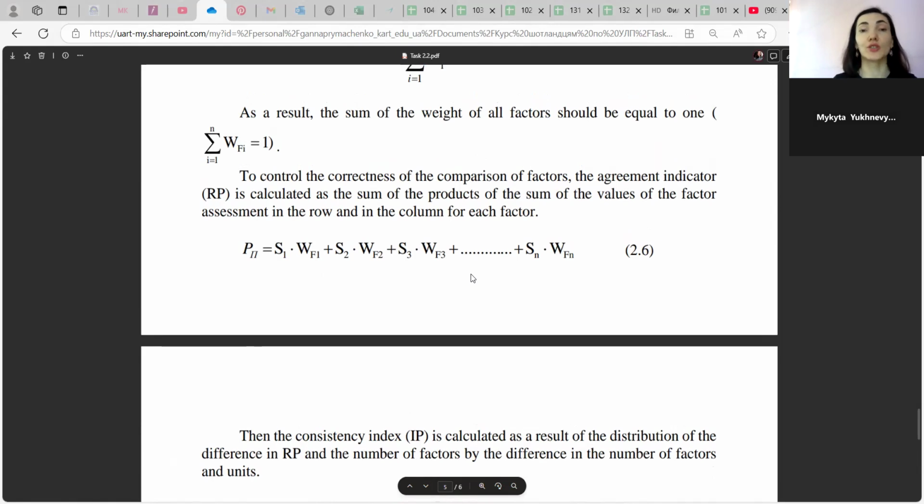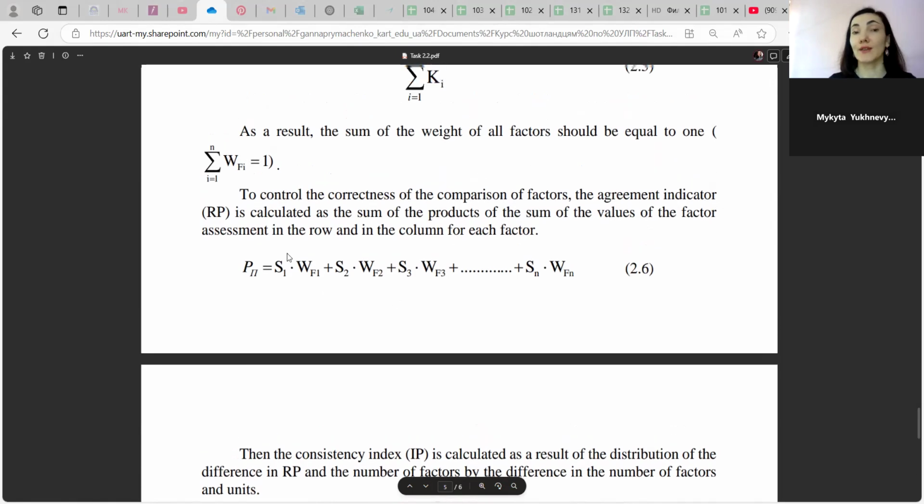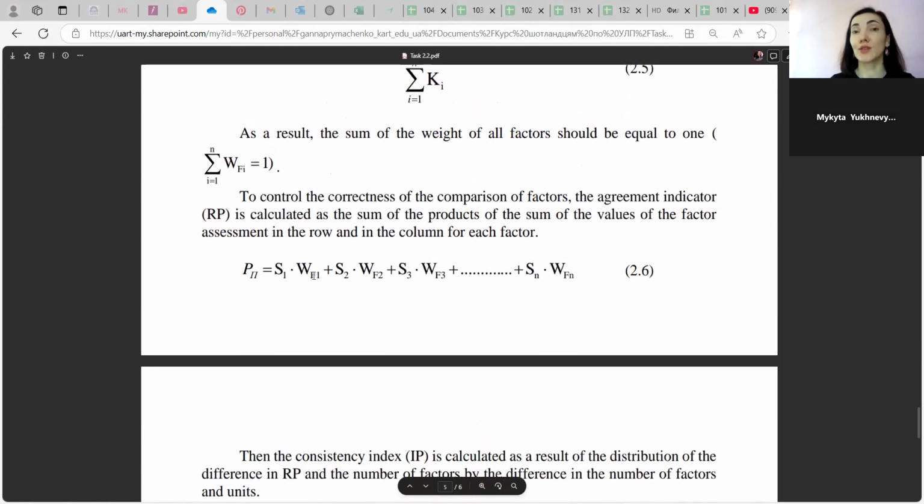Now I show it in the table. We need to multiply these parameters and find the sum of these products.